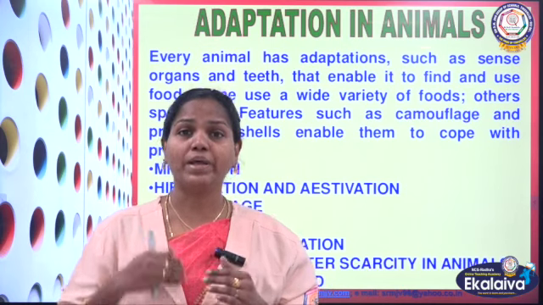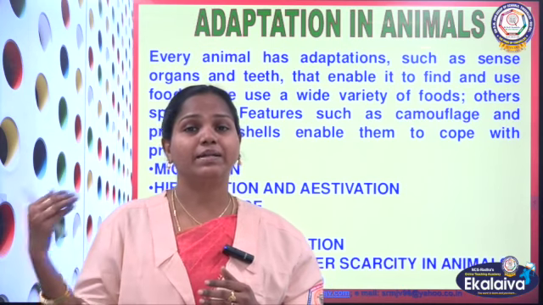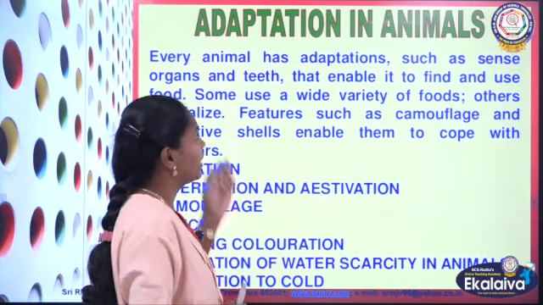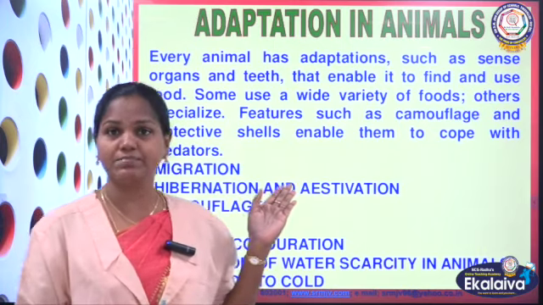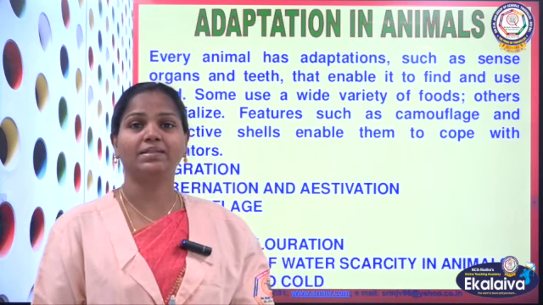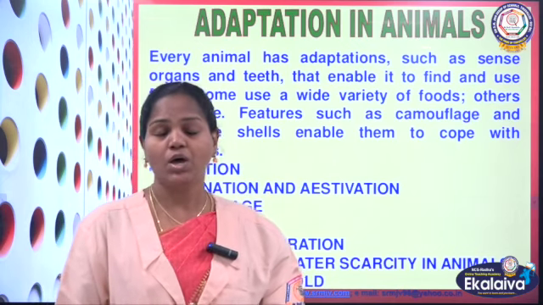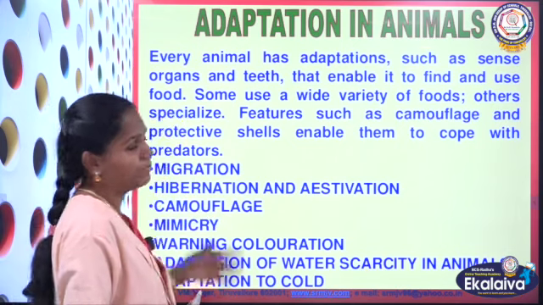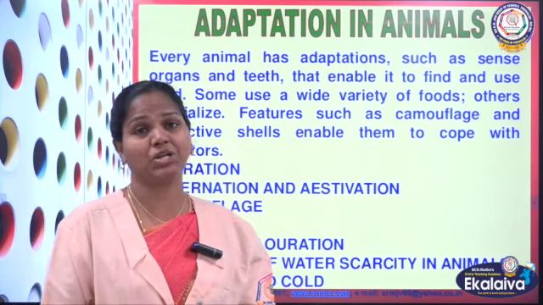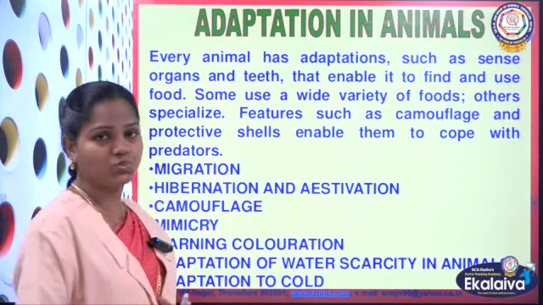But how can they overcome the differences in the environmental condition? This is adaptation in animals, how they adapt to the changes in that particular habitat. We will see those adaptations in animals and how they escape this mechanism in this video.